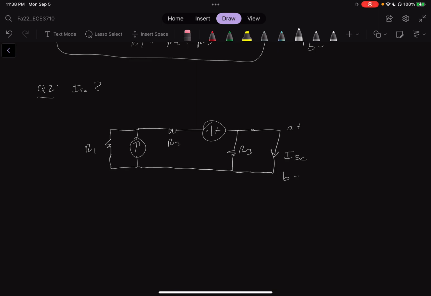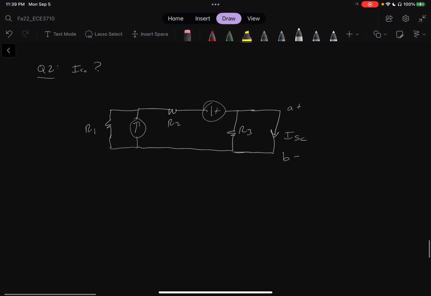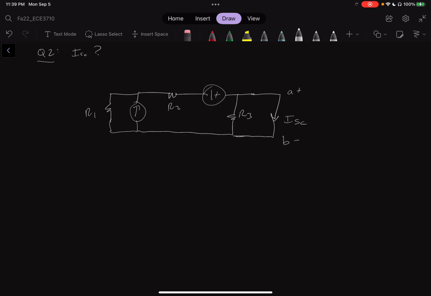Okay, how do we do this? Well, how many sources do you see in the circuit? 2 sources. One voltage source, one current source.